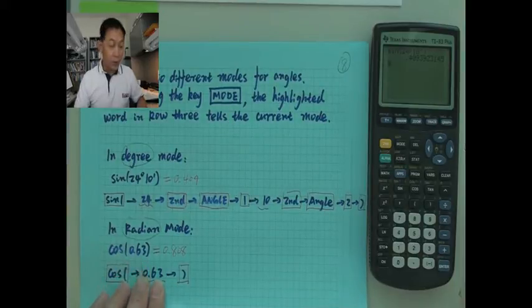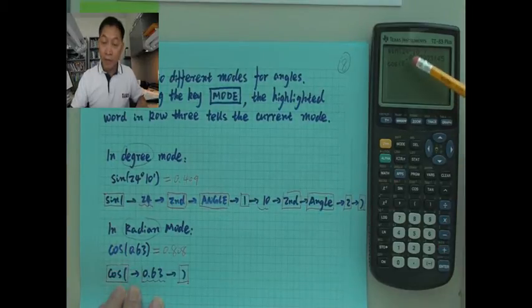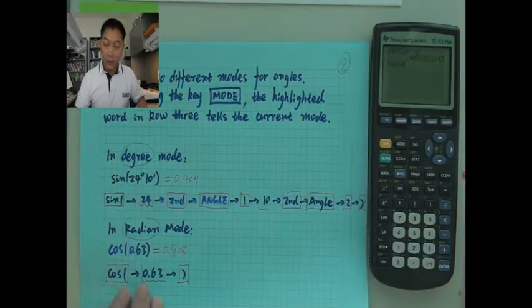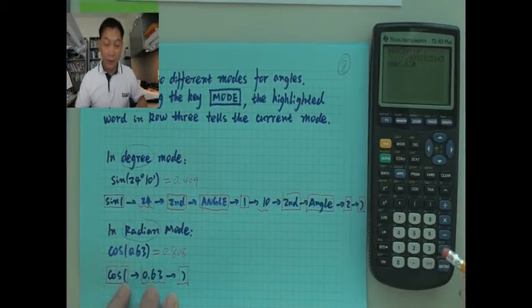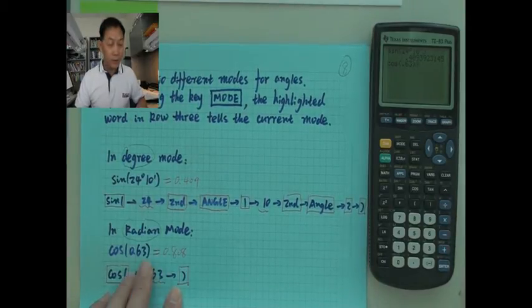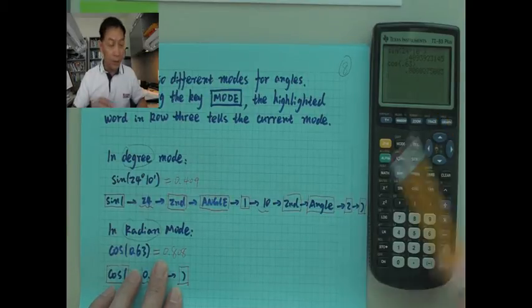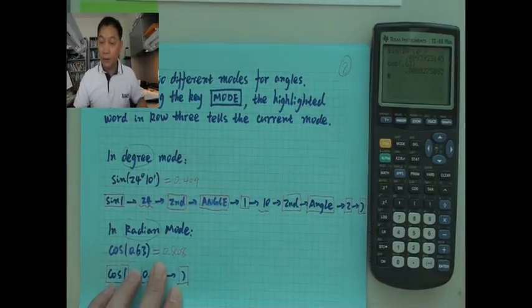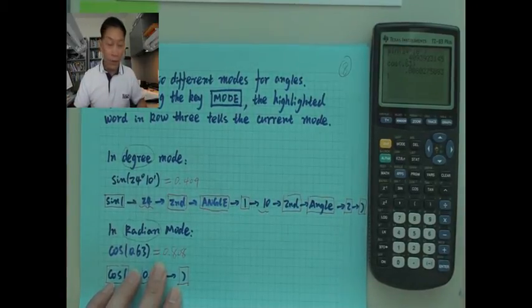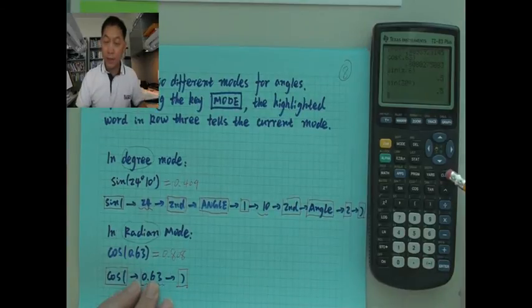Then you do cosine, and the left parenthesis shows up. Then you hit 0.63 and then close parenthesis. Then if you hit enter, you have 0.808. Okay. You see, those are the steps. Okay. I'll see you next time.